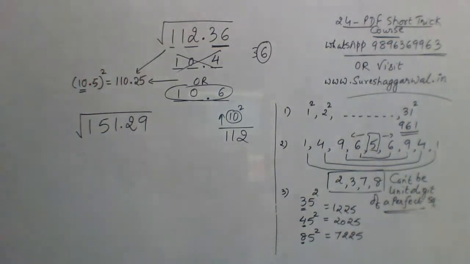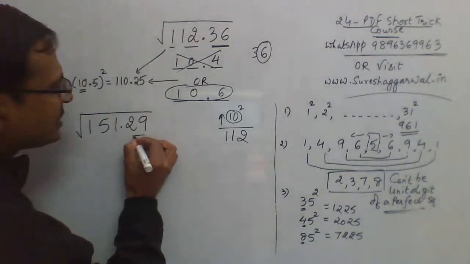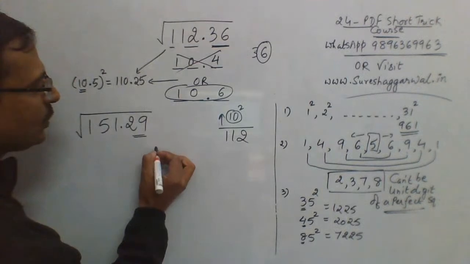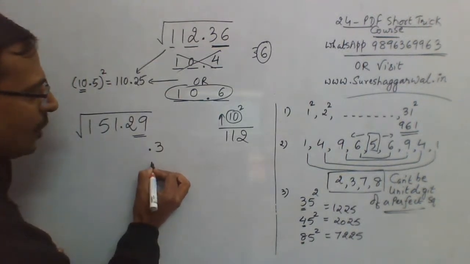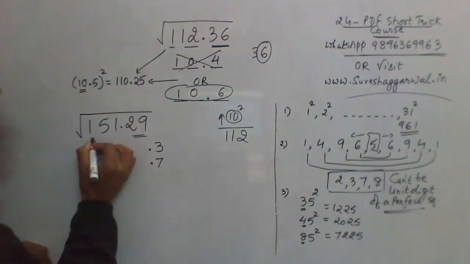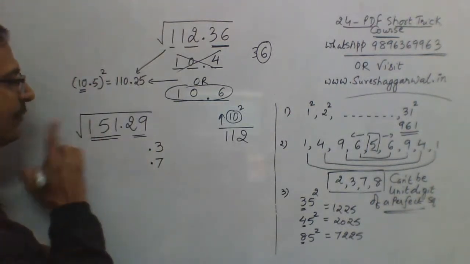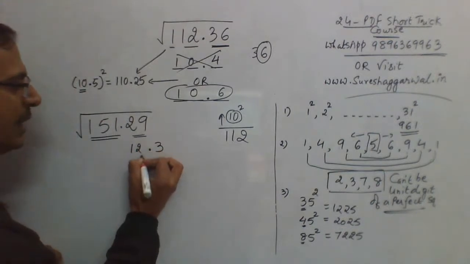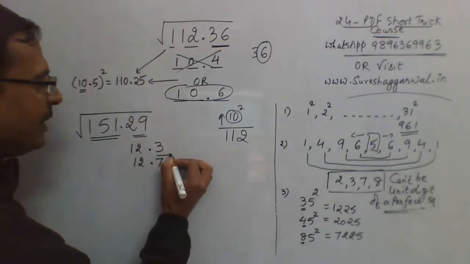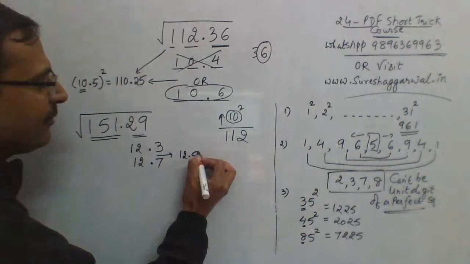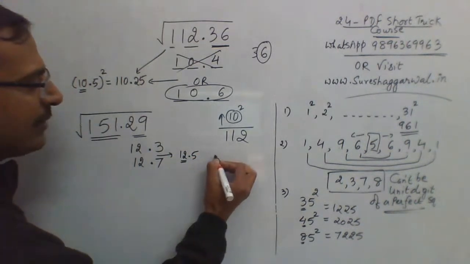Watch carefully. 29 ends with 9. So my answer is going to end with 3 or end with 7. 151 is very close to 144, which is 12 square. So 12.3 or 12.7. Between them, we have 12.5. 12 into 13 is 156.